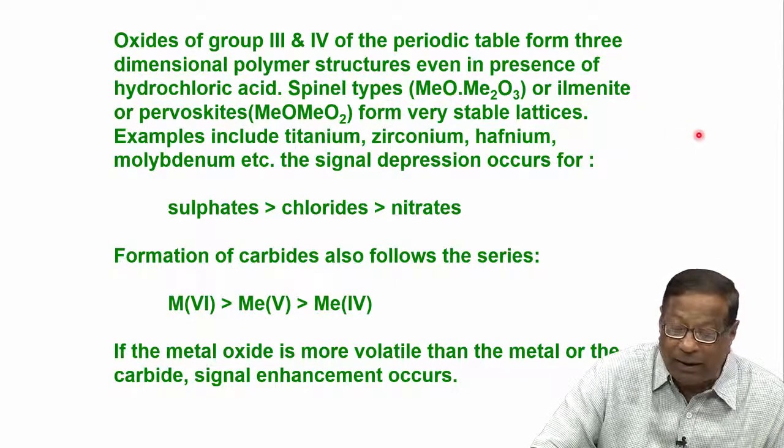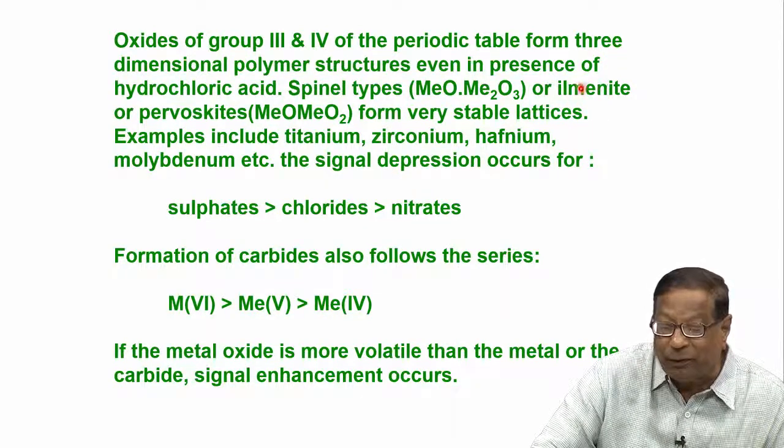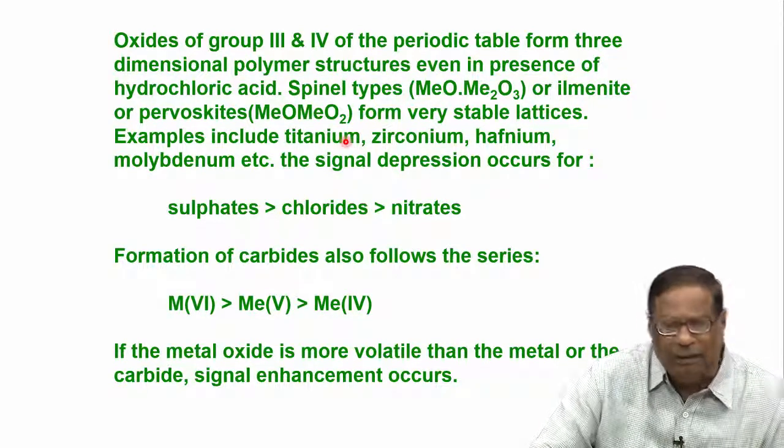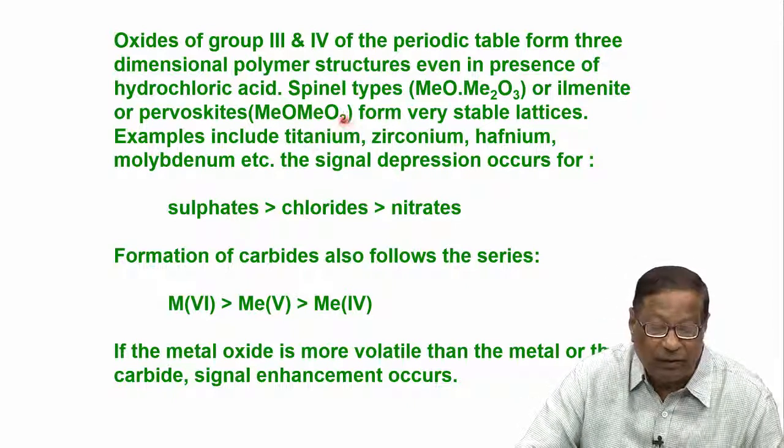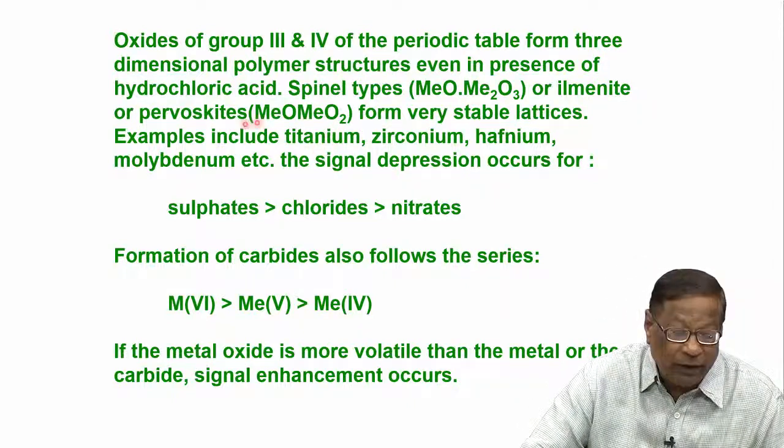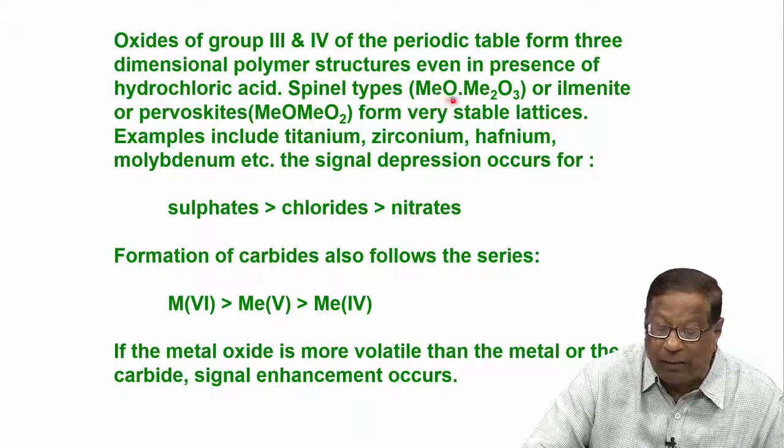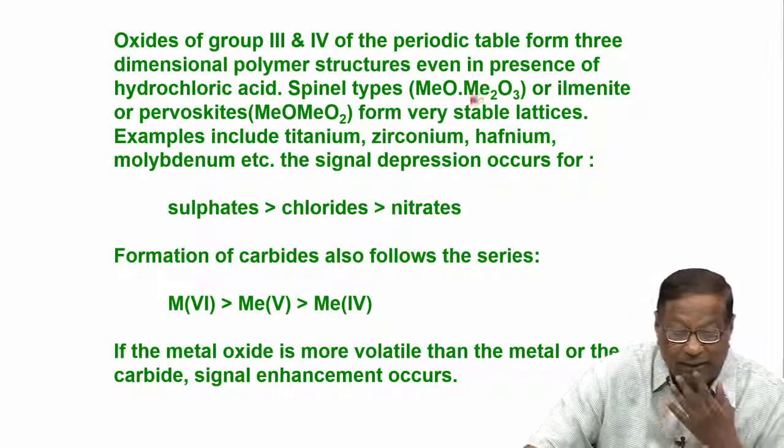And there are other 3-dimensional polymer structures which are known as ilmenite, perovskites and several other structures. Mainly perovskites are MEO2 type, metal oxide, metal dioxide. Here it is metal oxide, metal ferric oxide, something like this.